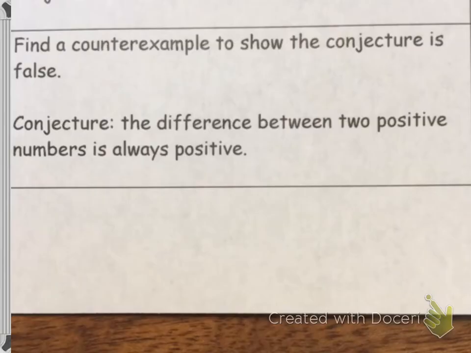All right, last example here. It says, find a counterexample to show the conjecture is false. So here's our conjecture: the difference between two positive numbers is always positive. Let's see. A positive number like 25 minus a positive number like 10 would be positive, like the number 15. That worked.